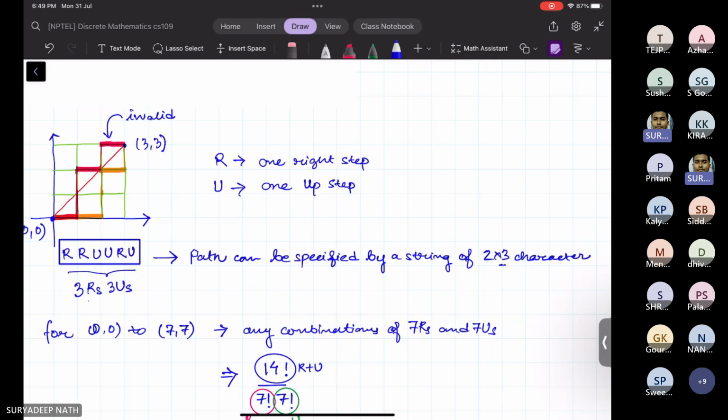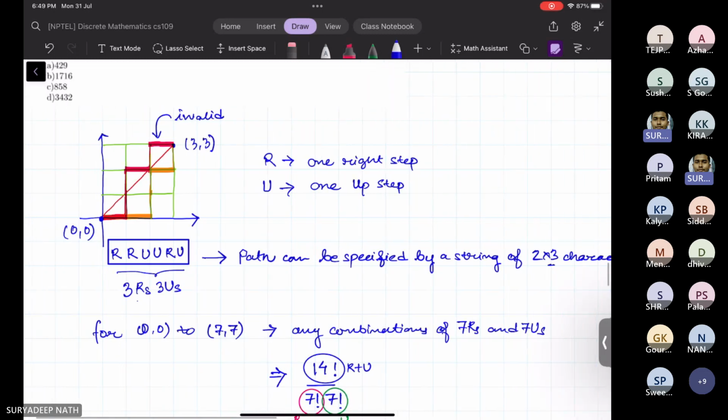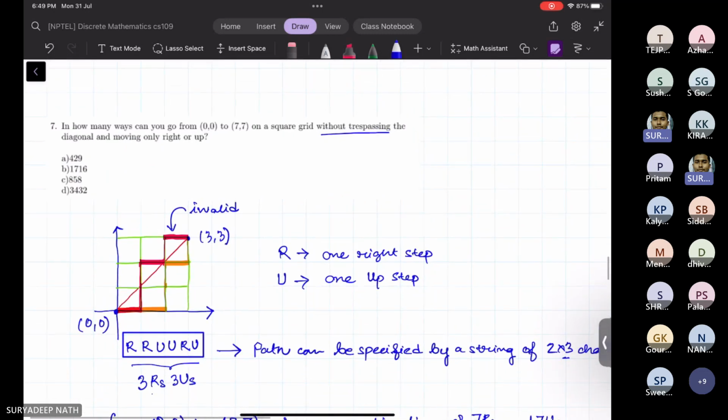Here n is the destination, so in the diagram that I drew, n is 3, and for the problem that they have mentioned, n is 7.